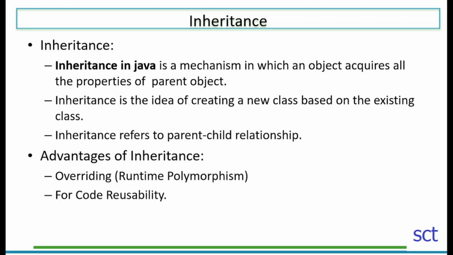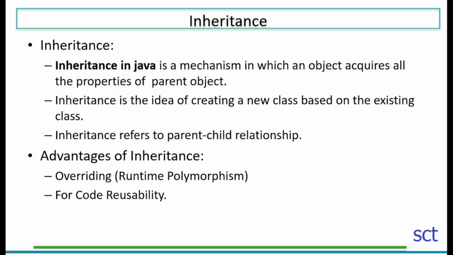Depending upon what type of property it is in the parent class, it will acquire it. So inheritance is the idea of creating a new class based on an existing class. Inheritance refers to the parent-child relationship.